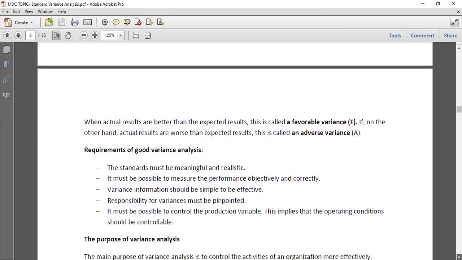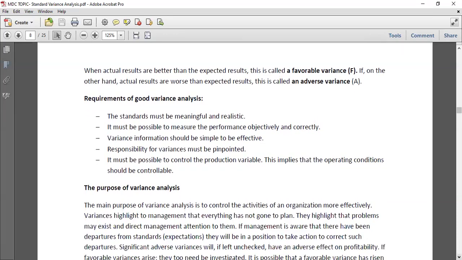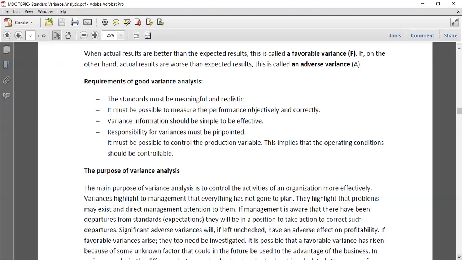So we have the requirements of a good variance analysis. It should be meaningful and realistic. It should be possible to measure performance objectively and correctly. Variance information should be very simple to be effective, to be understood by the respective departments that are doing the actual implementation.